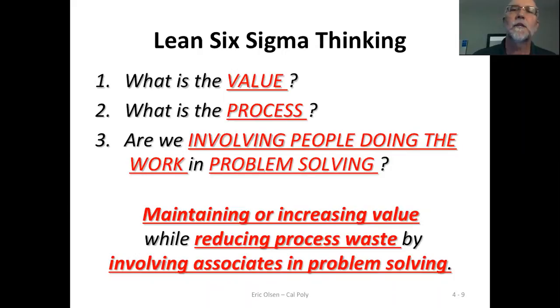The Six Sigma portion is more of a statistical approach that looks at the variation in that process. So if you think of lean as trying to tackle the average, can I get the typical process right? Six Sigma then comes in and looks at how I can reduce that variation.